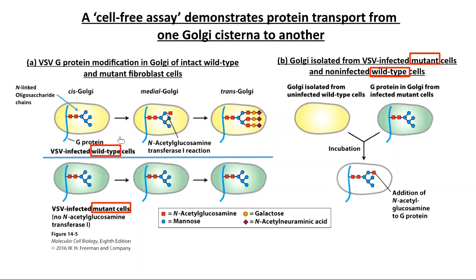These are wild type cells, so it has to go through the normal cisternal maturation and eventually go through the secretory pathway to the cell surface. This one is VSVG mutant, infected mutant cells. In this particular mutant, this particular enzyme called N-acetyl glucosamine transferase 1 or NAG1 is missing.